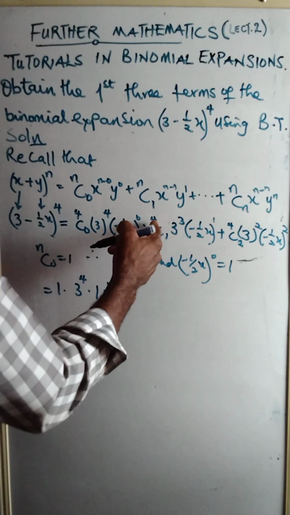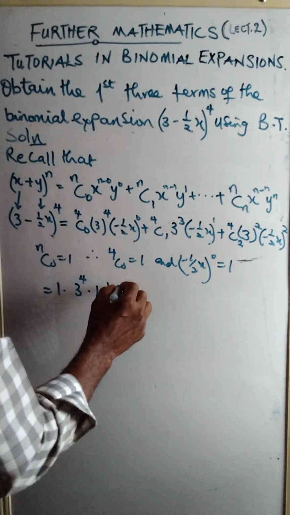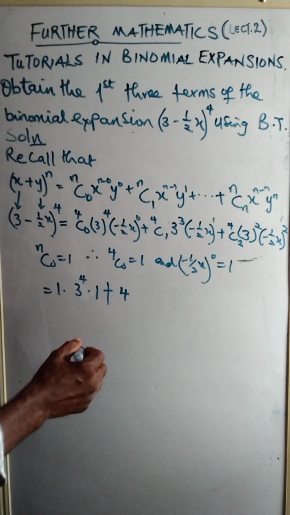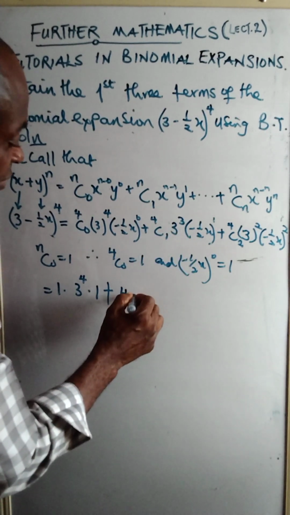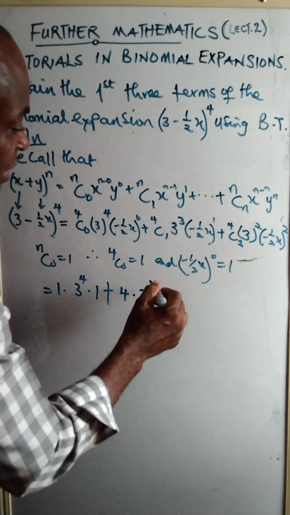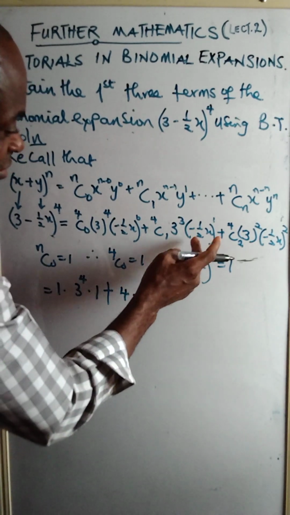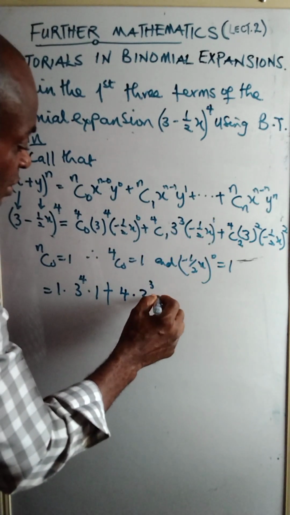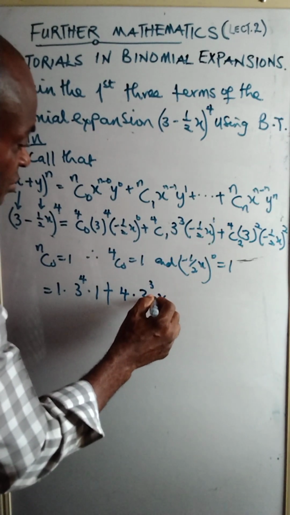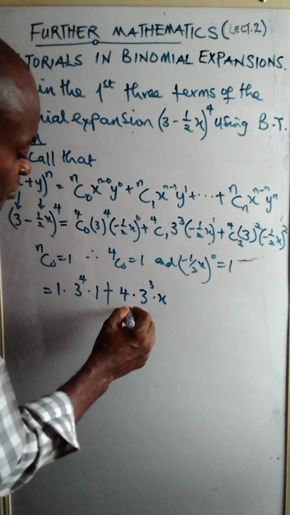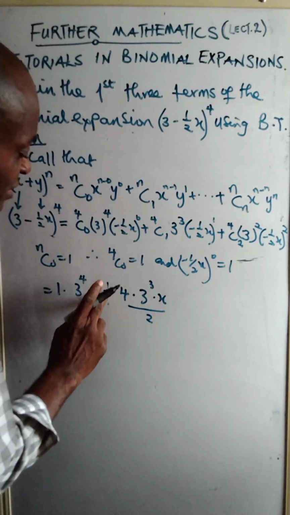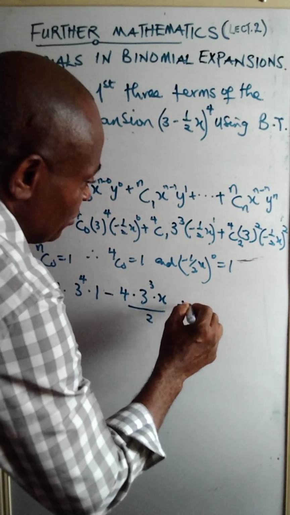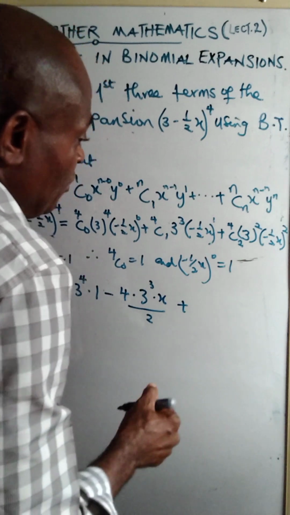If you find 4 combination 1, the result is going to give you 4, and then it will be 4 times 3, and there's going to be a minus because of this minus half x in the bracket. Because of this half, there's going to be 2 down there, so this sign changes to minus.